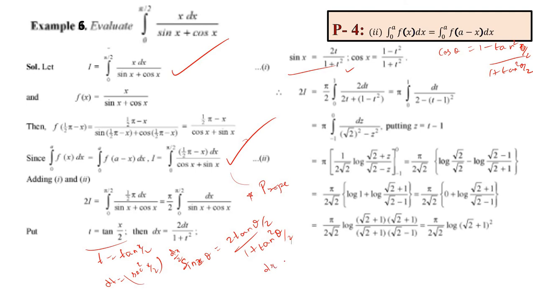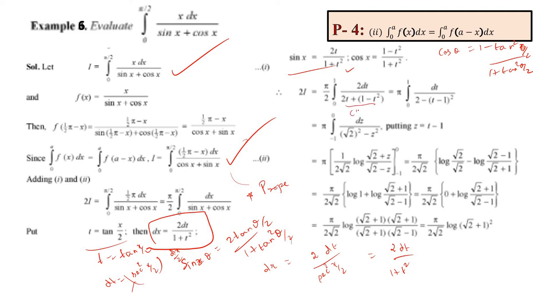Therefore dx will be 2 dt by secant square x by 2, but we know that this can be written as 2 dt by 1 plus t square. So you have dx to be 2 dt by 1 plus t square. And this 1 plus t square will be there in the denominator, common to both of them.